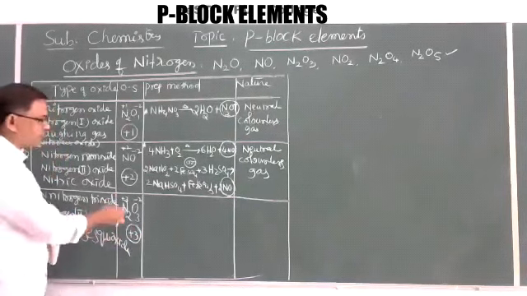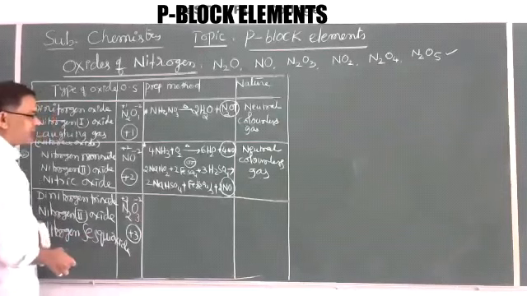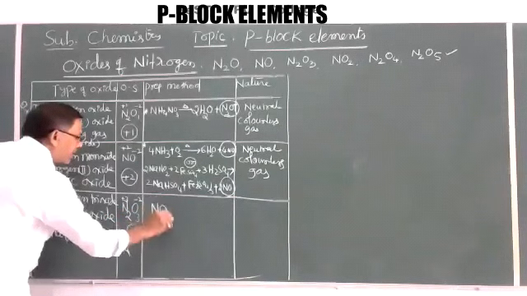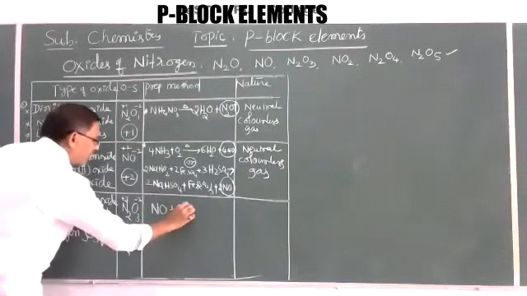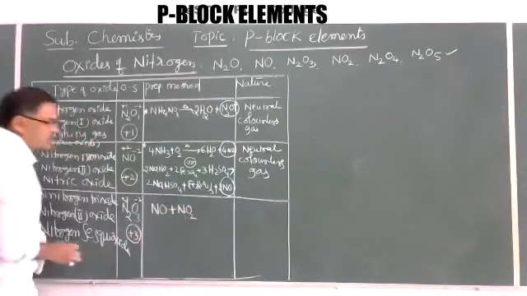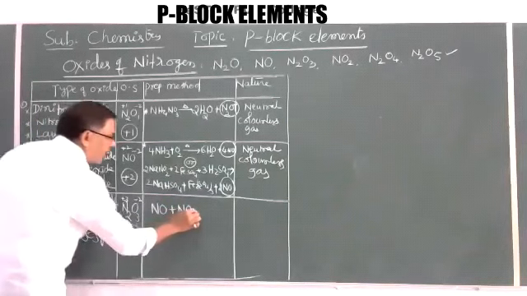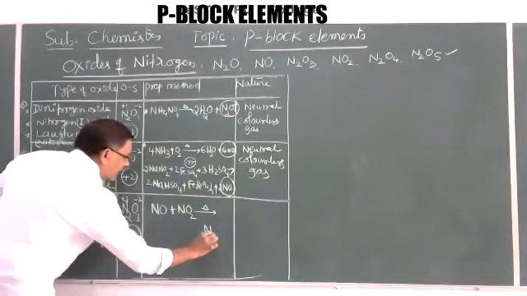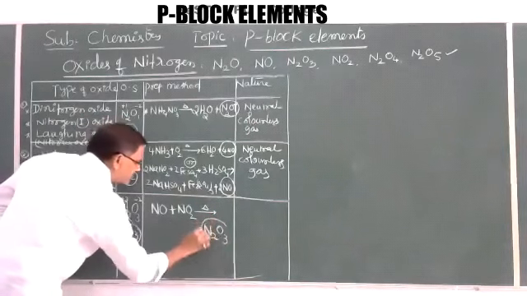Now to prepare N2O3, we can take a combination of NO plus NO2. On heating these two gases, we'll get N2O3, nitrogen trioxide.